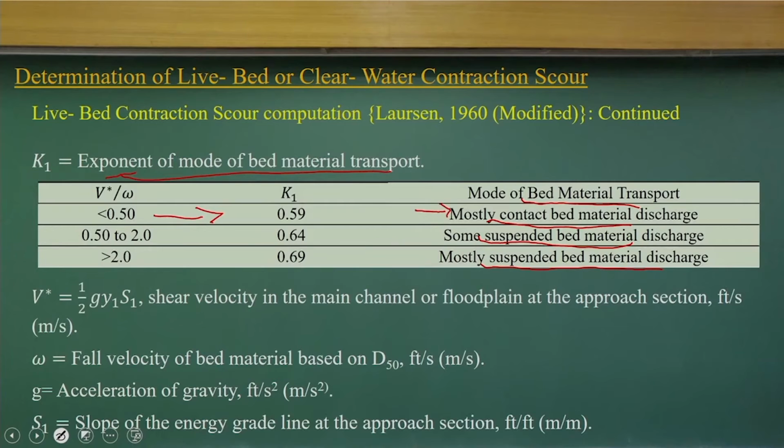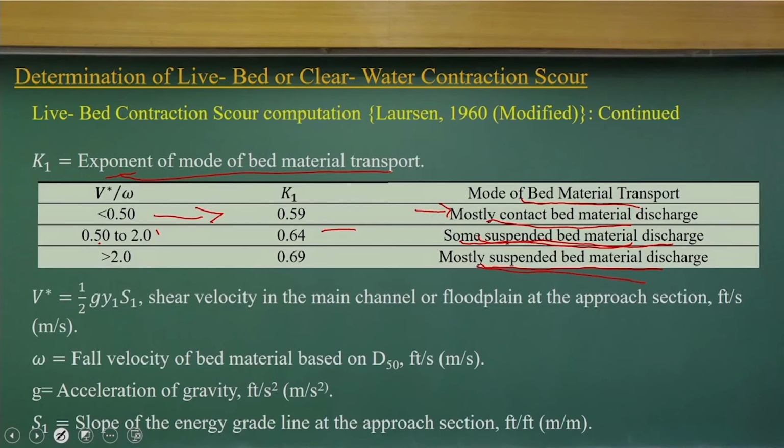The river will have the bed sediment transported as bed load. But when you are in the transition of 0.5 to 2.0, we will have this K value, which means suspended bed material discharge. Then we have mostly suspended bed.